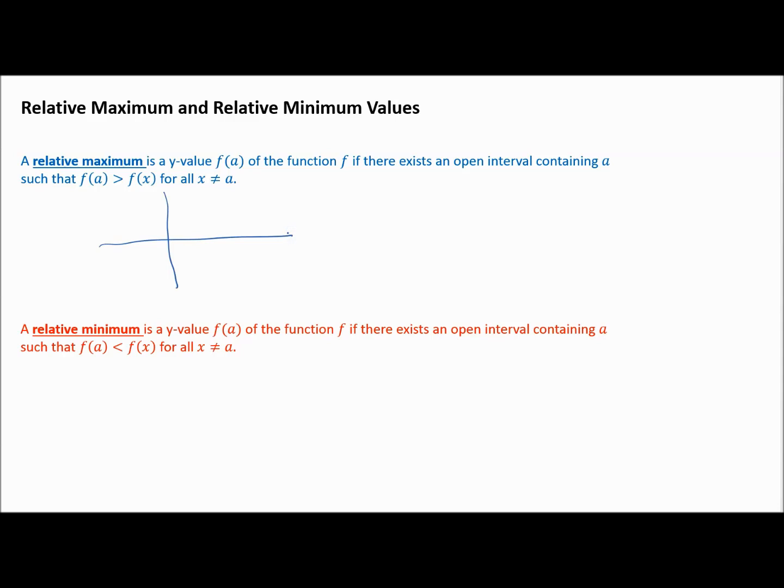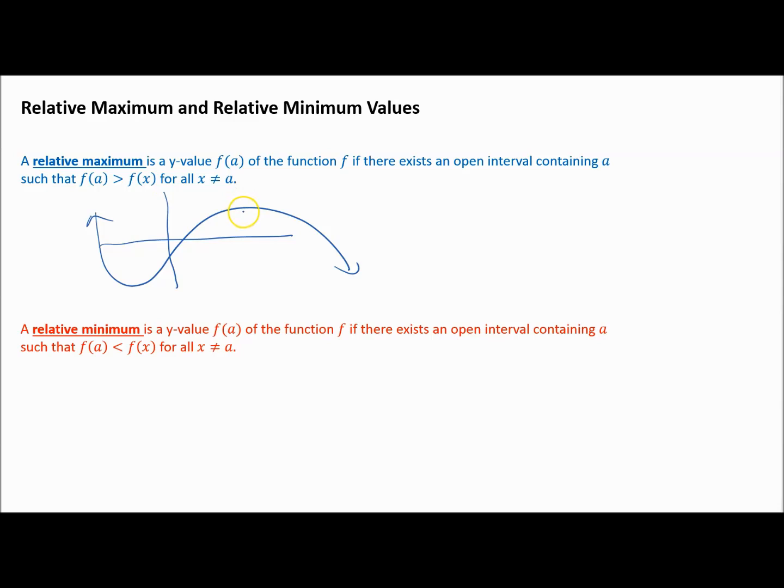All right, now it says an open interval. Now what that means is it doesn't mean your entire graph. It just means a piece of your graph. So a piece of your graph, and let me just draw a graph for you. We have a piece that says an open interval such that f of a, that's a y value, is bigger than f of x for all of those in a certain area.